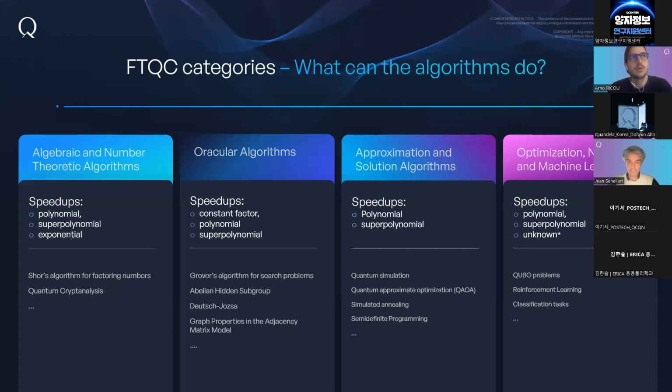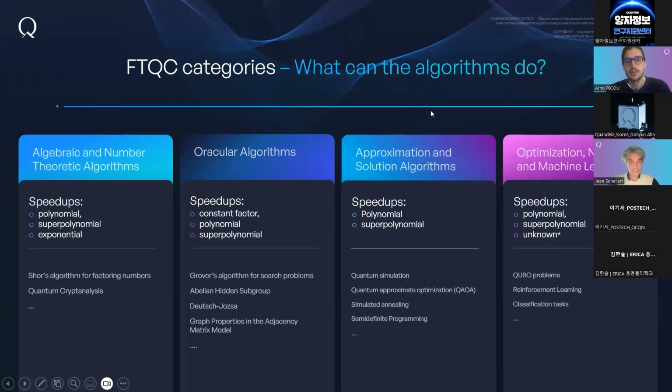Just to say a few more words about oracular algorithms, they are based on an oracle. That's a black box that is able to mark the answer of a given problem or not. And that's how all these problems work.